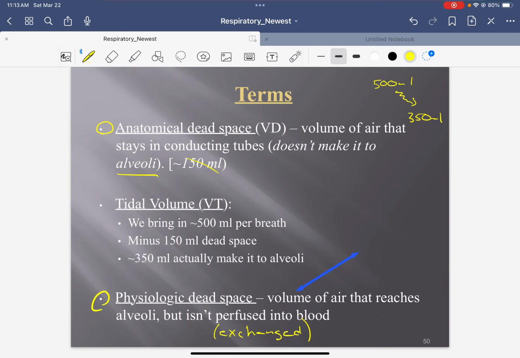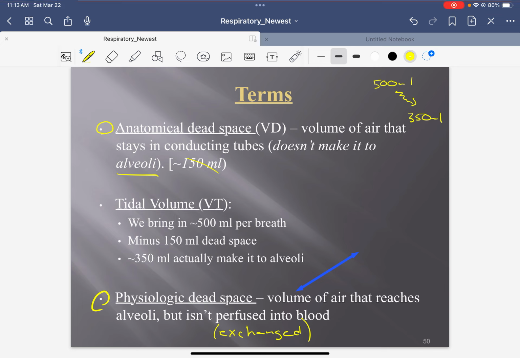Physiological dead space, the volume of air that actually makes it to the alveoli, but isn't exchanged into the blood. We don't exchange all of it. And this is by design.